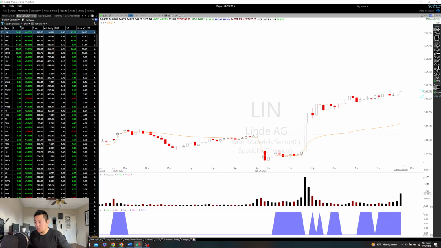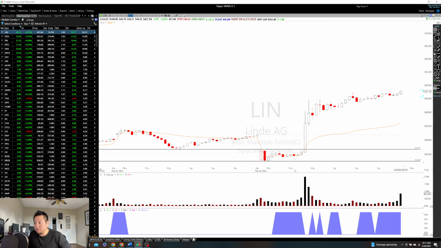Once the 10-minute candle gets formed over here, you're going to draw where the opening range is. The range is essentially the opening candle high and the opening candle low. For this example, the opening candle high is right here, and the opening candle low is down here.